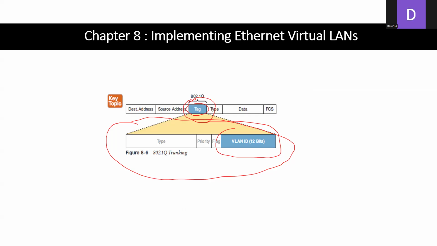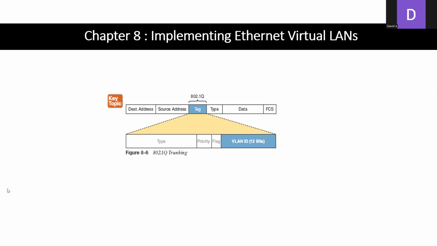Let's go ahead and clear this out. I think this is some theory that you need to understand. Cisco switches break the range of usable VLAN IDs, 1 through 4,094, into two ranges: the normal range and the extended range.